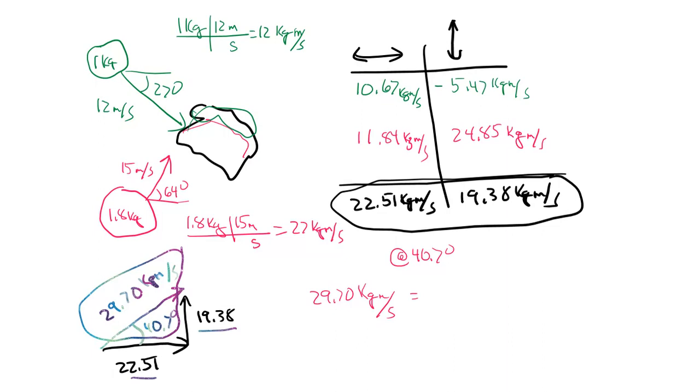That's going to equal my mass, which is 2.8 kilograms, 1 plus 1.8, times its velocity. So very similar to the last time. I know my total momentum, I know my total mass after the collision, so I can get my velocity.